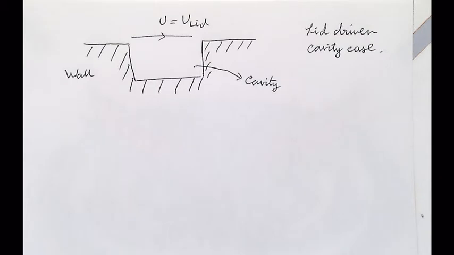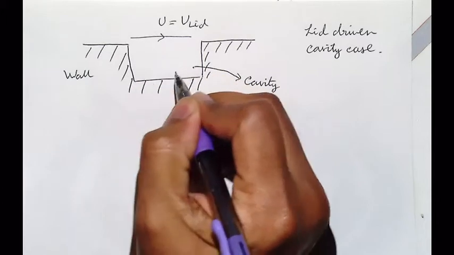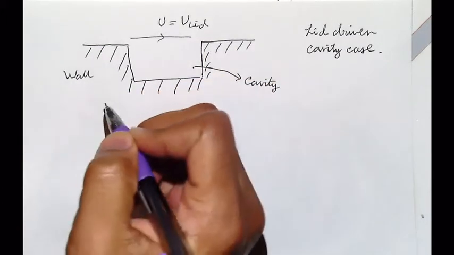Where should I put my grid points? Take a guess. In the cavity. In the cavity, okay? So you want me to put grid points inside here, not along the walls.